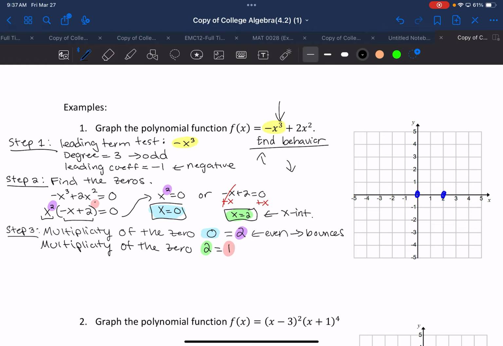Technically, there's nothing written there, so it would just be 1. And this multiplicity is odd, so the graph will cross at that x-intercept.